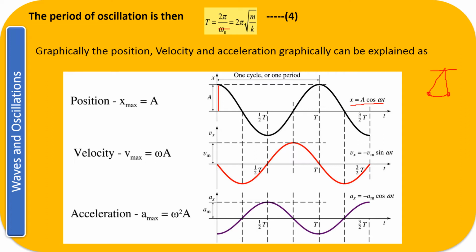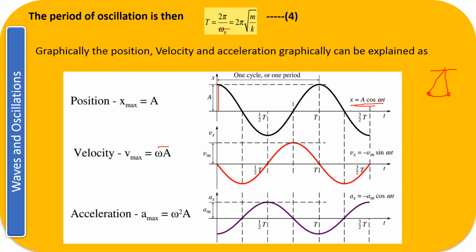Then its velocity, as we have seen, we have to differentiate this. So if I differentiate this, it will be minus a omega sine omega t. So what will be the maximum velocity? The maximum velocity here will be equal to omega into a.